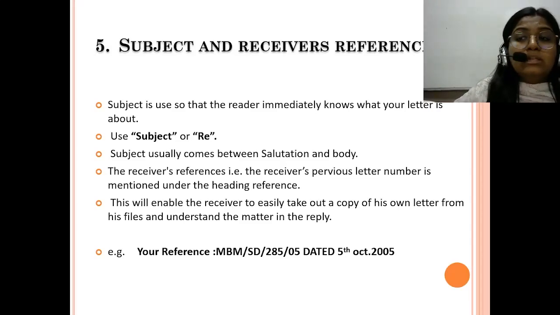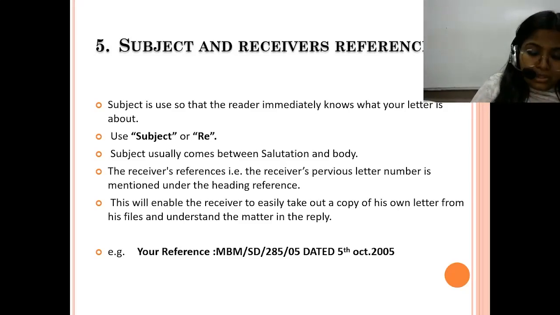Below you can see an example on your screen, your reference number, MBM/ST. You can see this on your letter when you are writing any letter. This will enable the receiver to easily take out a copy of his own letter from his files and understand the matter in the reply.